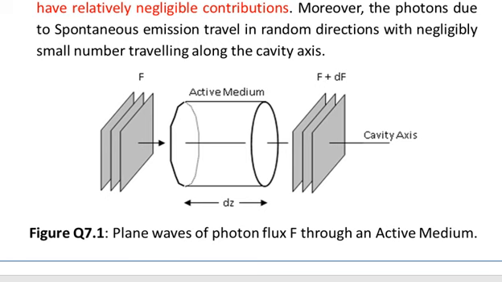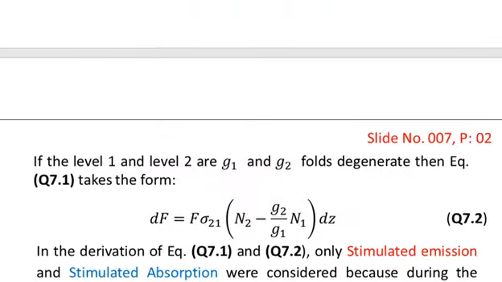The length of the medium is dz, and a plane wave with photon flux F is incident on the active medium and passes through, and then at the end we have a flux which is F plus delta F. In this case we have to calculate delta F, that is the change in flux of the photon.